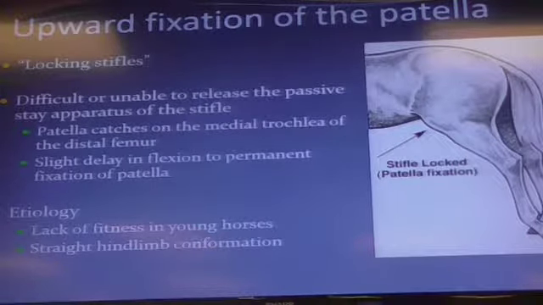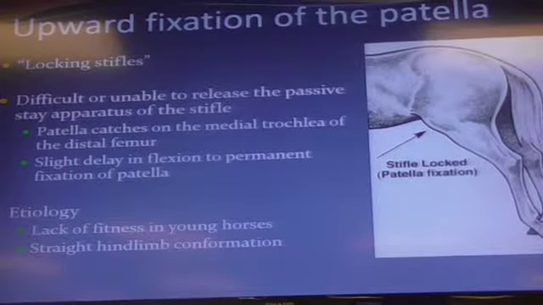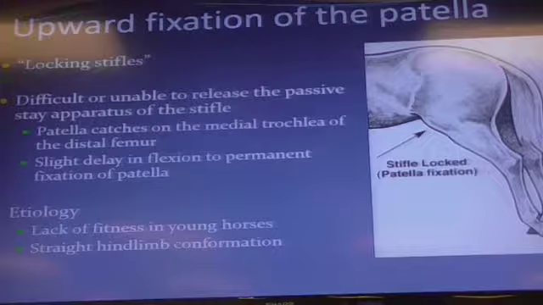That's just normal, that's how they stand there without falling down when they fall asleep. But if that fails to release, it keeps them locked in that position. So everything's extended, and I can't just take a step and walk off normally. This is the position you'll find them in if they're fully locked. It can be just a slight delay, or permanently fixed up.